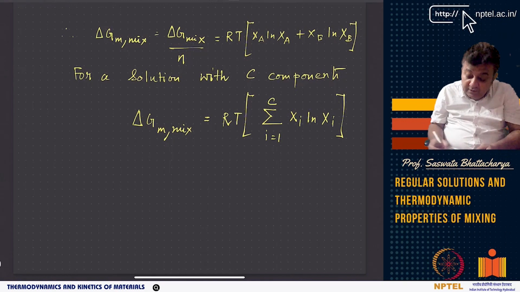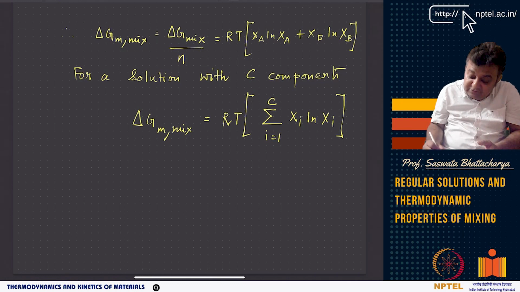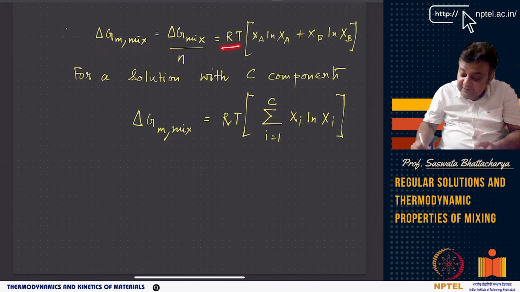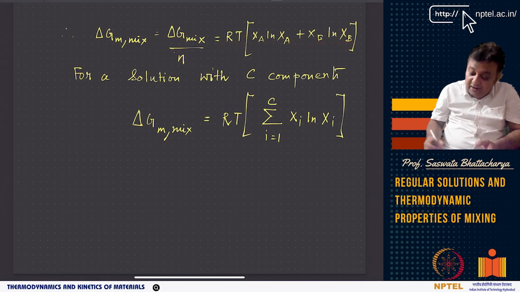So delta Gm mix is the molar quantity, because I have now divided by the total number of moles, N. So I get the molar free energy of mixing, which is RT (XA ln XA plus XB ln XB). And for a solution with C components, I can generalize.